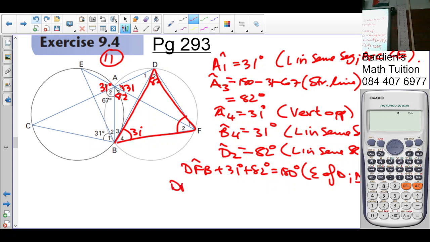So angle DFB is going to be 180 minus 82, which is 96. No, 98. It's 67. Just check. Yes, 67.